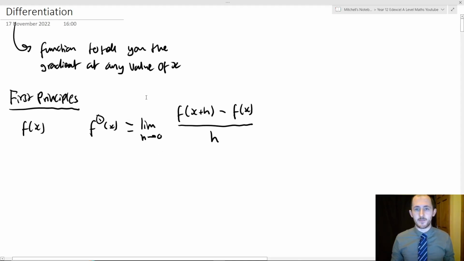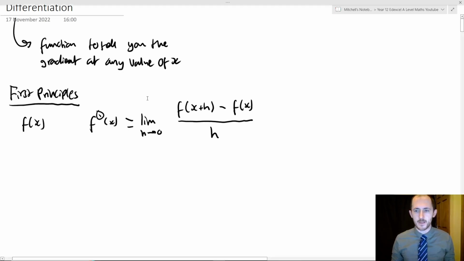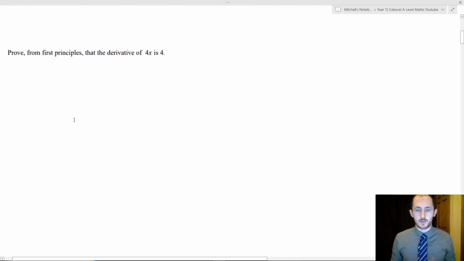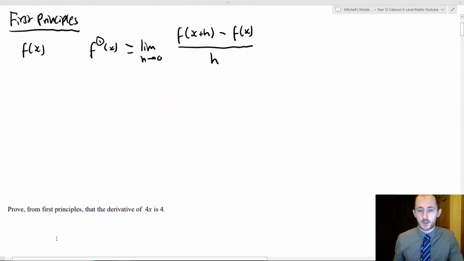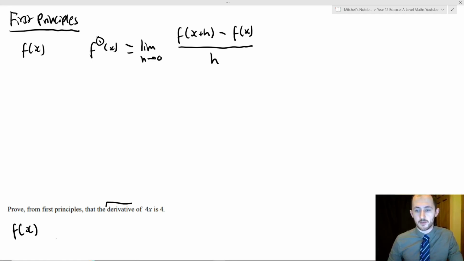So that might seem a bit far-fetched, but if I give you some examples, I can show you how it's done, okay? So prove from first principles that the derivative of 4x is 4. So we're going to use our little formula up above. Our function that we're trying to differentiate, and again, when you differentiate, you find the derivative.